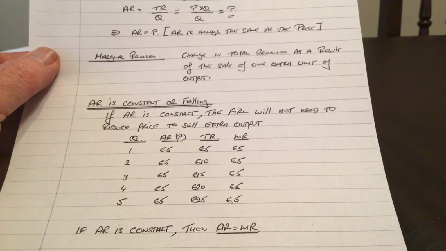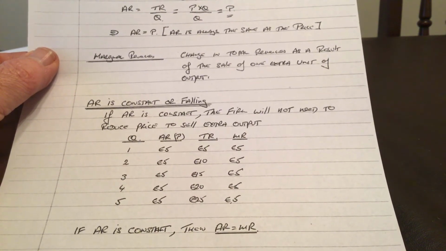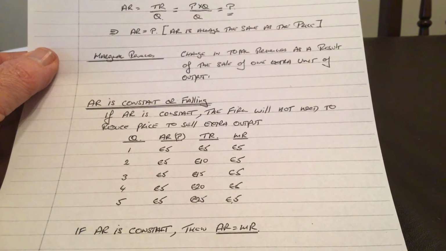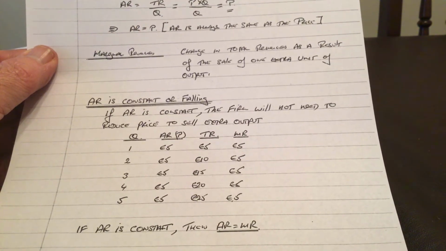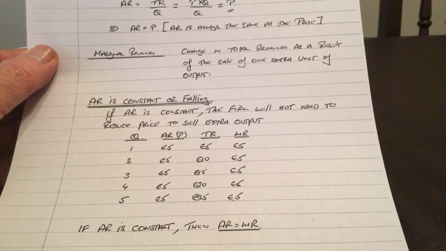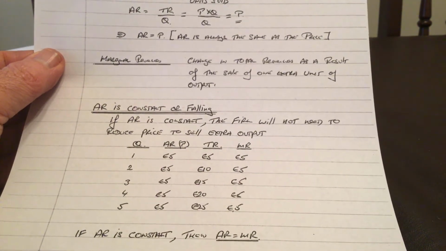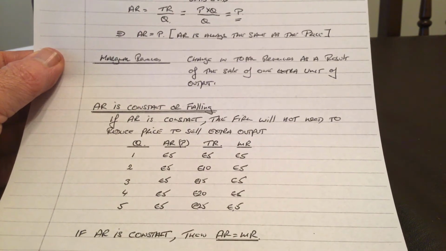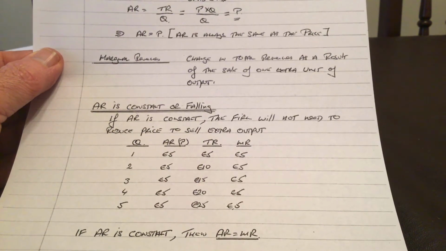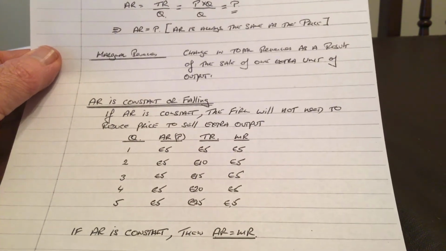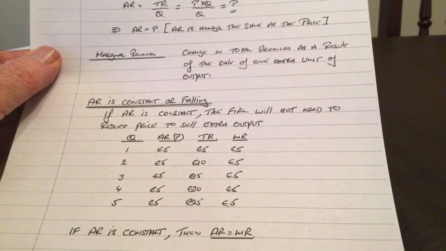So we have output 1, 2, 3, 4, 5. The price is €5 if you sell one, €5 each if you sell two, €5 each if you sell three, etc. So my total revenue is Q multiplied by P: 1 multiplied by 5, 2 multiplied by 5, 3 multiplied by 5. So therefore my marginal revenue.